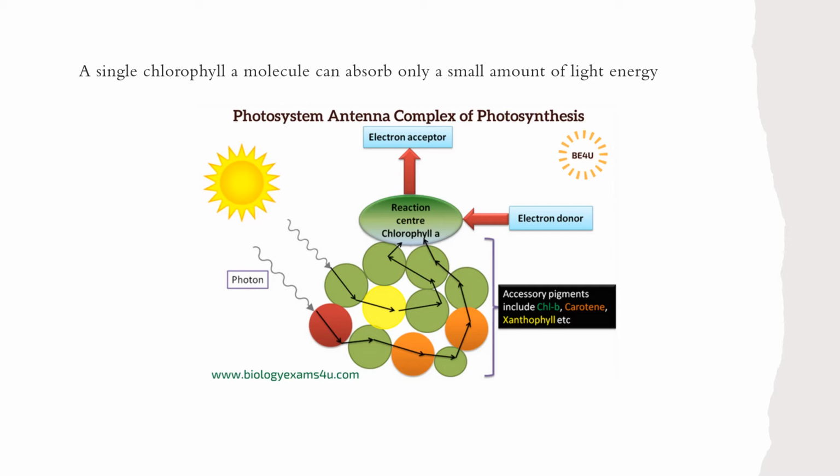But because many pigment molecules are arranged close together, each antenna pigment can quickly pass its energy to the reaction center, freeing the antenna to absorb other photons as they strike. Thus, the photosystem's organization greatly enhances the efficiency of photosynthesis.